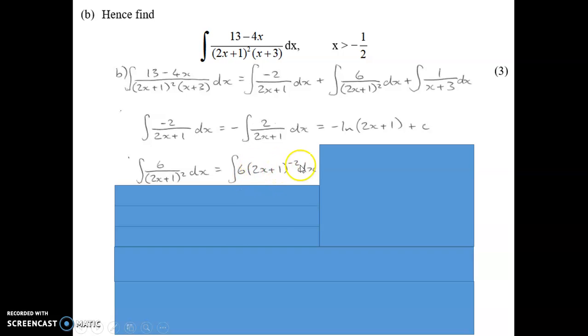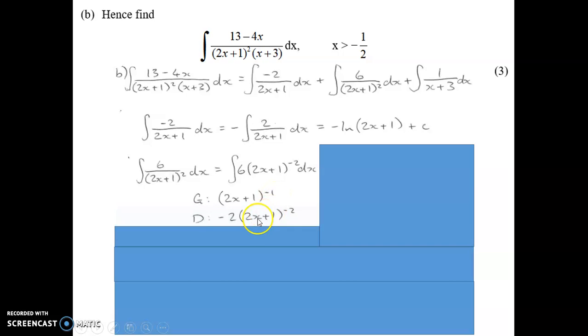Okay, then for the second integral I can rewrite it in this form here, and for this one I'm going to use GDA, guess, differentiate, adjust. So what I'm going to guess is 2x plus 1 to the negative 1, 1 power higher than that. I differentiate this function and I get negative 2 outside.